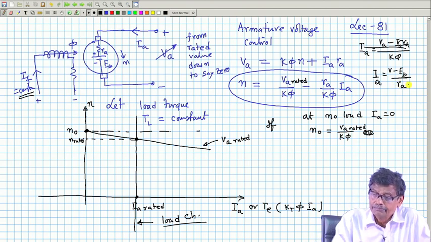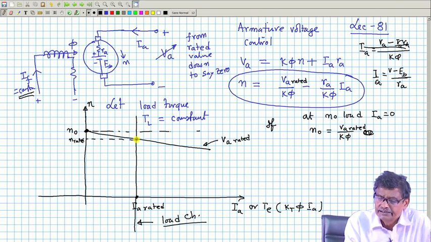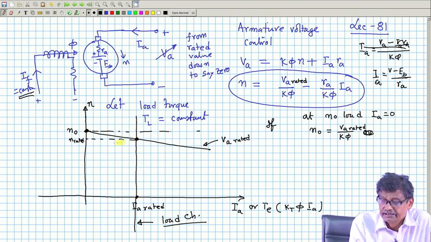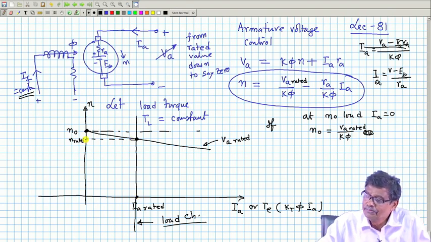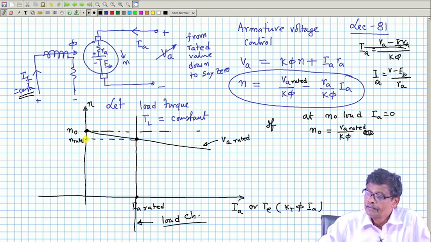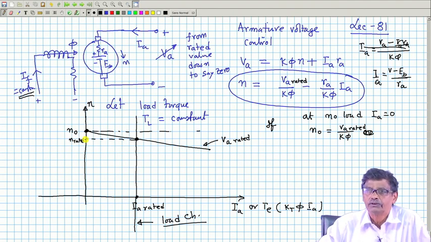Now, it is initially running steadily, everything T is equal to T L, drawing this much armature current, running at this RPM. You now imagine voltage is slightly reduced. At T equal to 0 plus, immediately after you have reduced this voltage, what is going to happen?